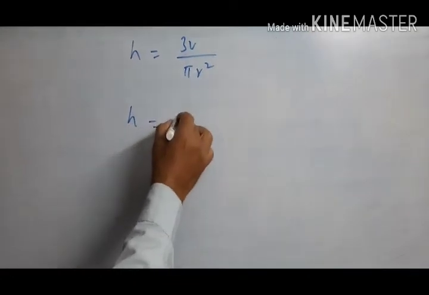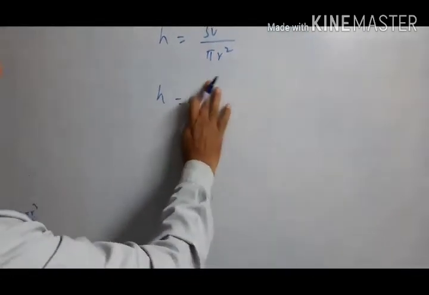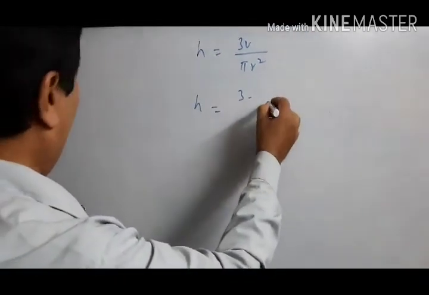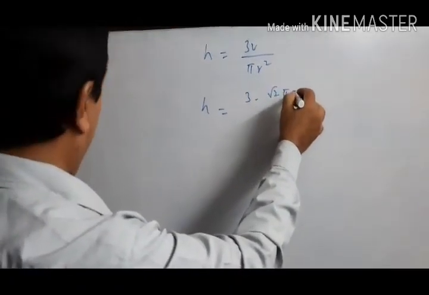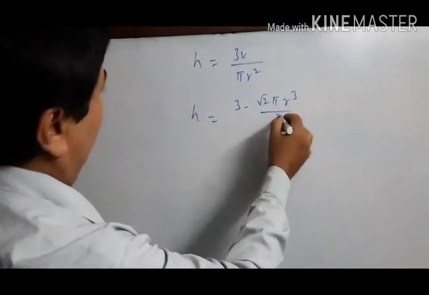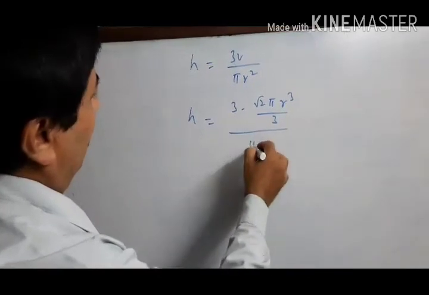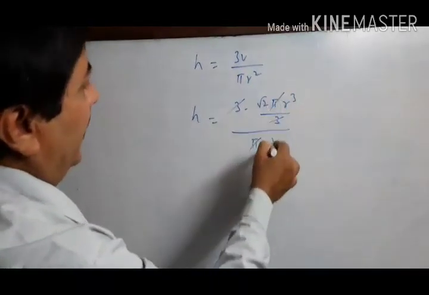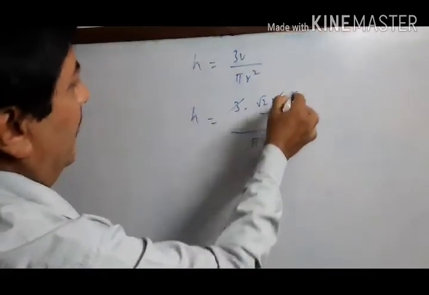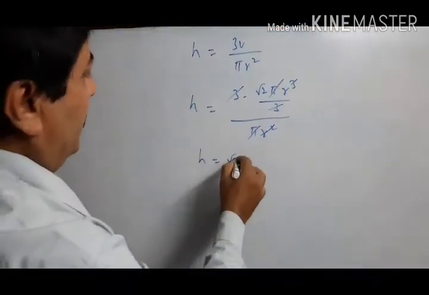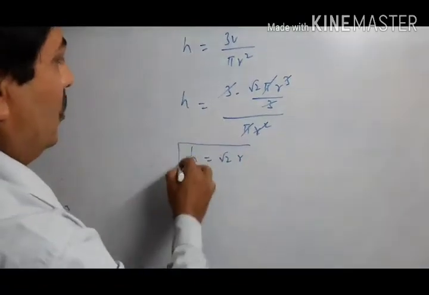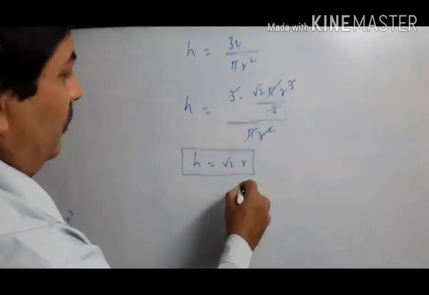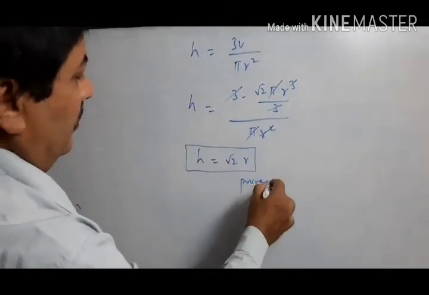So h equals 3 into the value of V, root 2 pi r cube by 3, upon pi r square. This 3 and 3 you cancel, pi and pi, then r square and power 3. So it becomes h equals root 2 r. This was what you had to prove, hence proved.